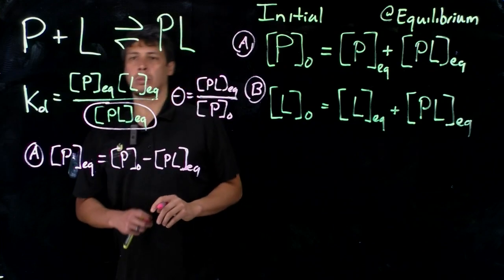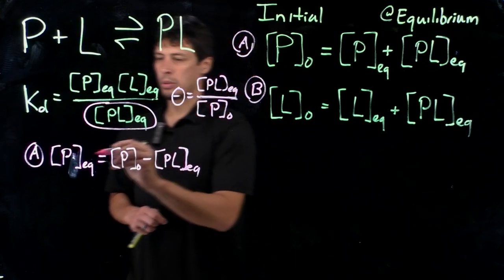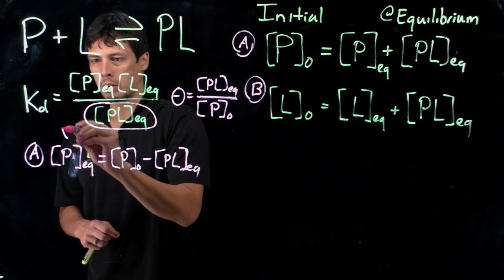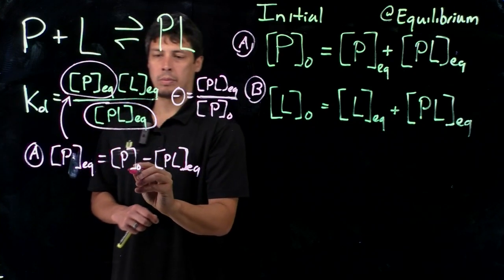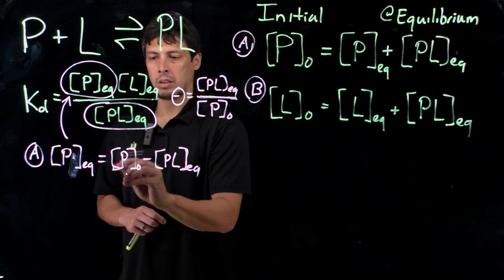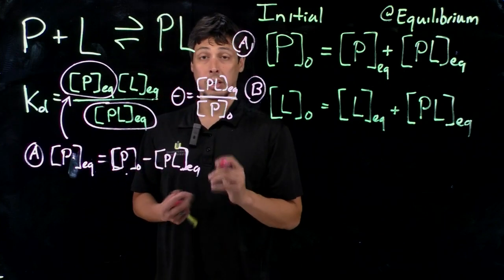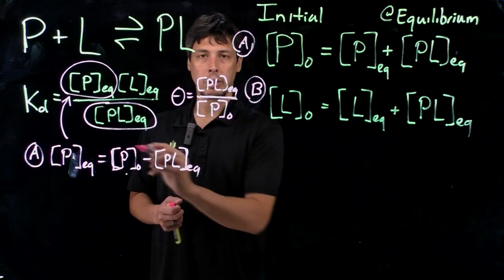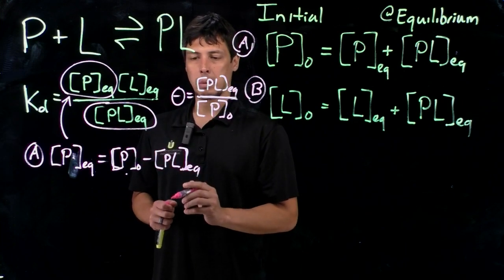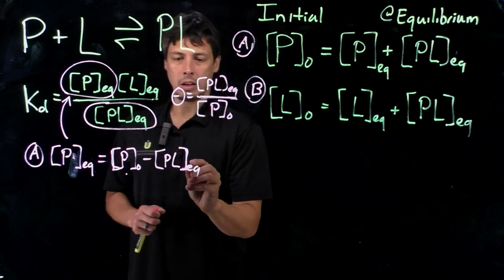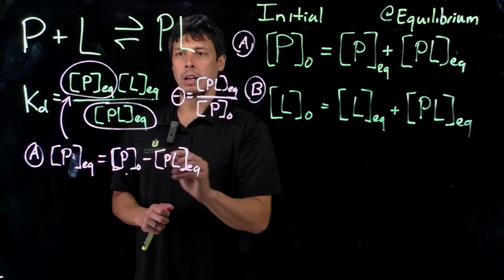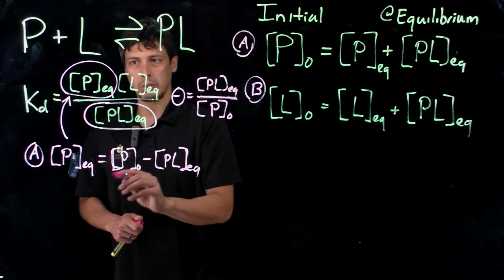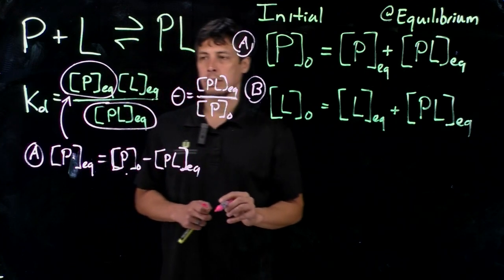Okay? And so this allows us to substitute P_eq here into something that has a unit which is initial protein concentration, which again we can control experimentally. We know what this is at the beginning of the experiment, and then convert into something that has units of PL_eq. So that remains within this. So that's one substitution that we make, and I'll show you the effect of that in a second.